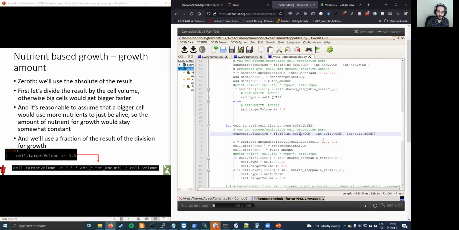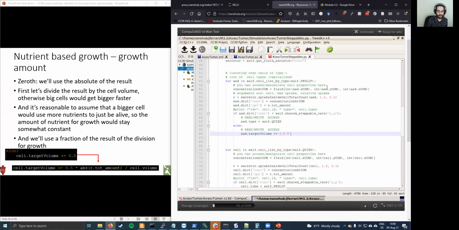So the actual change we are going to do is we're gonna change the growth. Instead of being a fixed amount, it's going to be a part of the nutrient. So I'm assuming that part of the nutrient that the cell consumed is used to keep the cell alive, and any surplus it has can be used for growing.